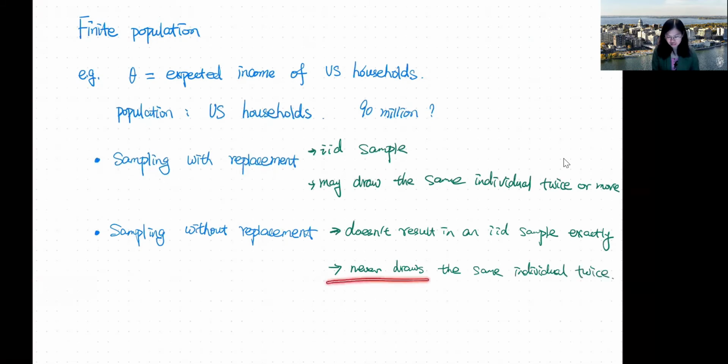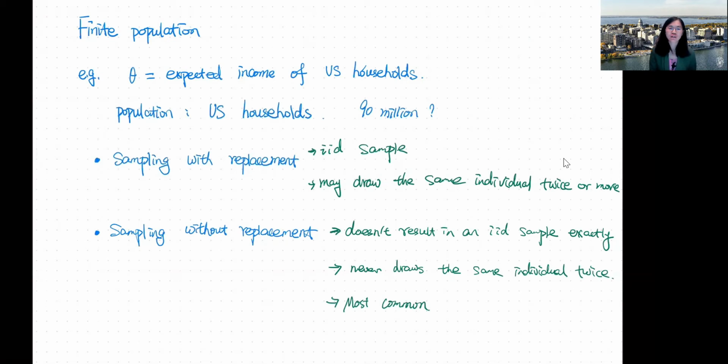And because of this second feature, sampling without replacement is actually the most common kind of sampling. It's much, much more common than sampling with replacement. But typically, we don't worry about this very much. We don't worry very much about not getting an exactly IID sample. The reason is typically we think that the population is large enough.